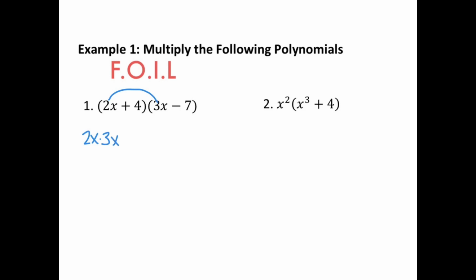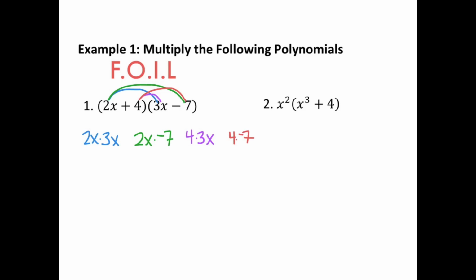My outer terms will be 2x times a negative 7 because those are the terms on the outside of my multiplication. Then I will do my inside ones, which is 4 times 3x. Those are the terms that are inside the multiplication. And then my last will be 4 times negative 7, which refers to the last two terms in each binomial.